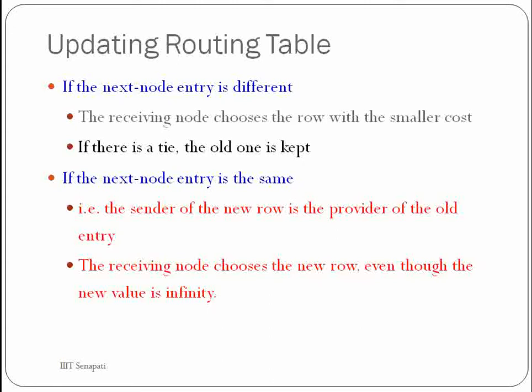So the receiving node will choose the row with the smaller cost. If there is a tie, the old one is kept.